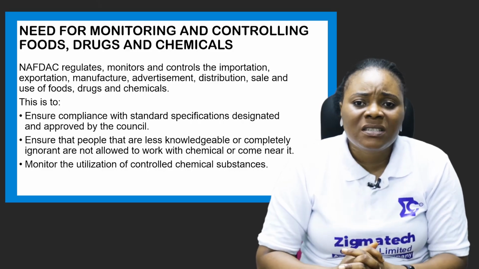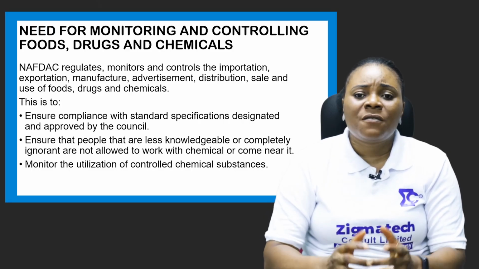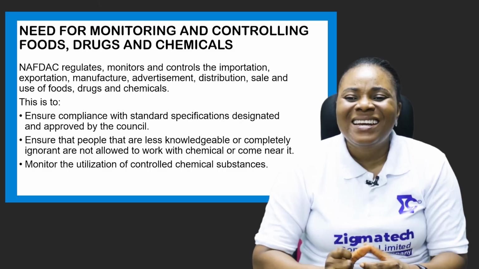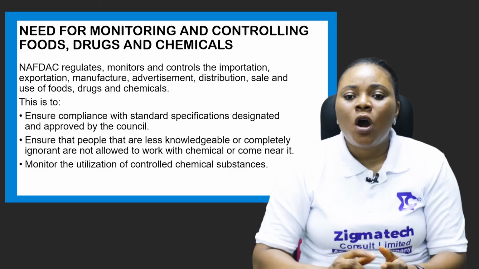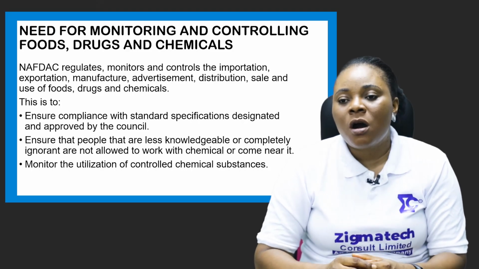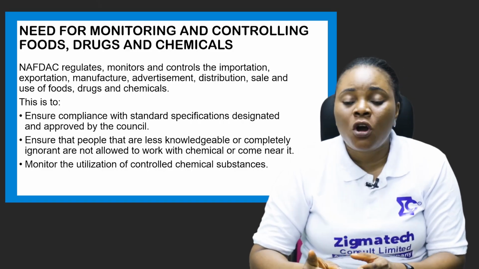Another reason why NAFDAC regulates the activities of the users of food, drugs, and chemicals is to ensure that people that are less knowledgeable and completely ignorant are not allowed to work with chemicals or come near them. I said that a chemical can be a friend or a foe.